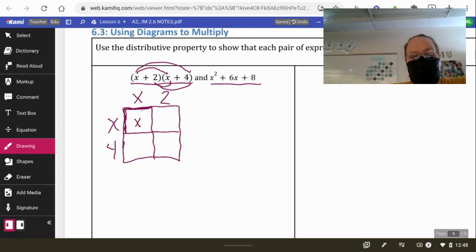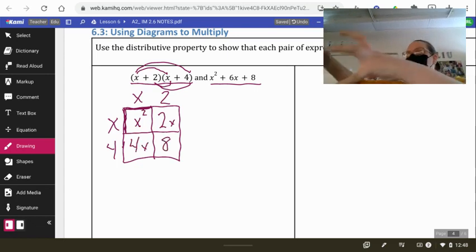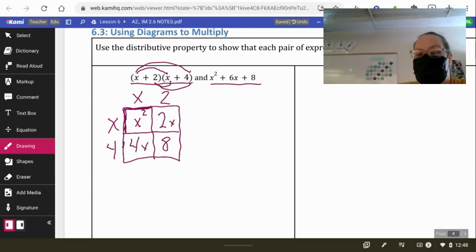So we'll have x squared, 2x, 4x, and 8. Now, how do I take those numbers out of the box method? Anyone remember? What is my equation going to be written as? I have 1x squared plus 2x plus 4x plus 8.